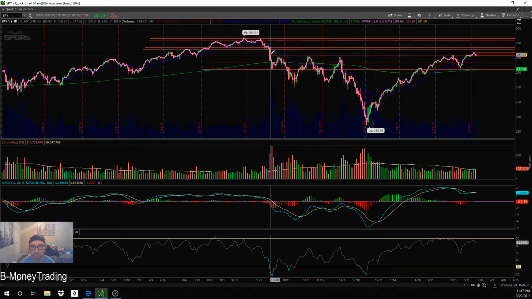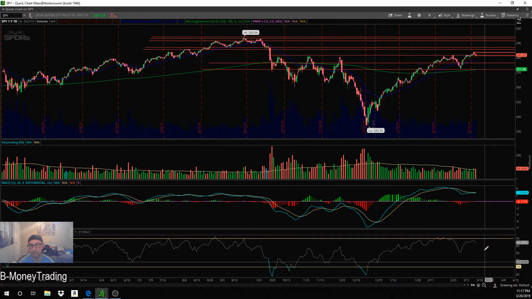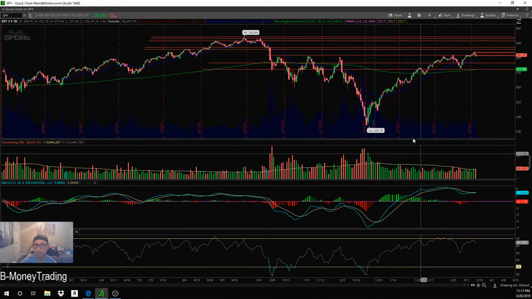You look at the daily right here, and you can see it's been a major price point, even back here in this range. I could go on and on, it'd be a long video, but you can look at the daily.